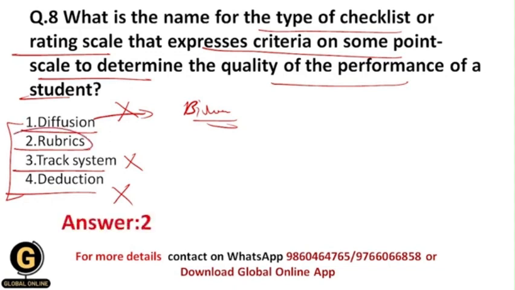So now let us understand exactly what rubrics are. First of all students, rubrics, checklists and rating scales are actually similar, and these are tools that state specific criteria and allow teachers and students to gather information and make judgments about what students know and what students can do in relation to the outcomes.